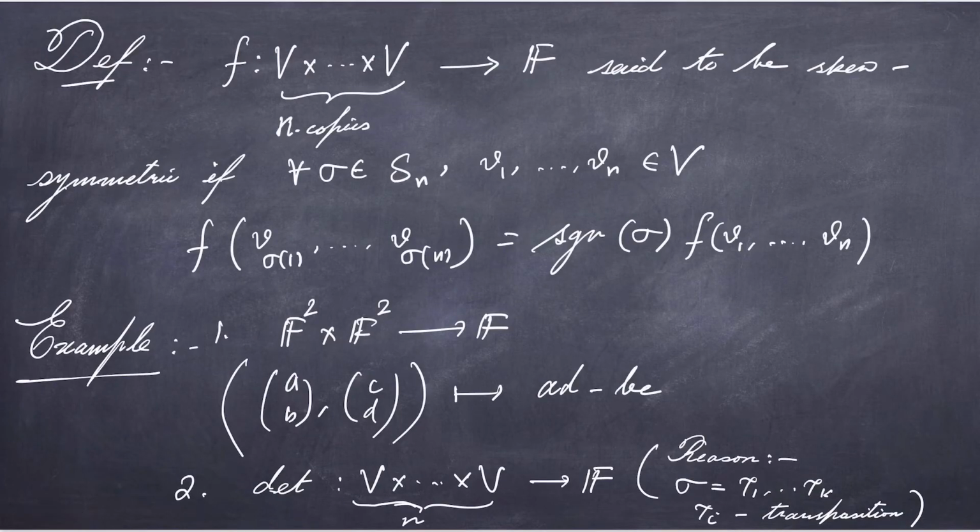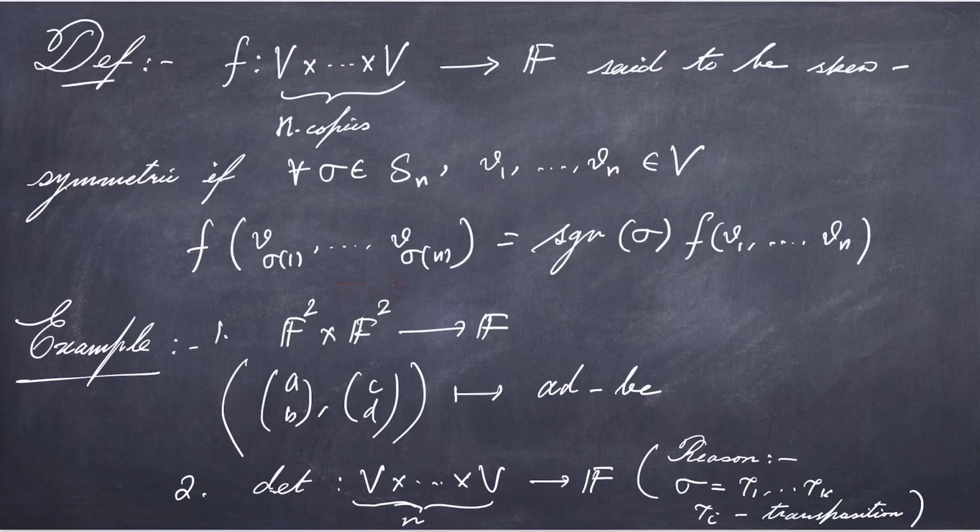Now for a map defined from the n-fold Cartesian product of V to F, we call the map skew-symmetric if for every sigma and every v1, v2, ..., vn, we permute the vi's according to sigma.